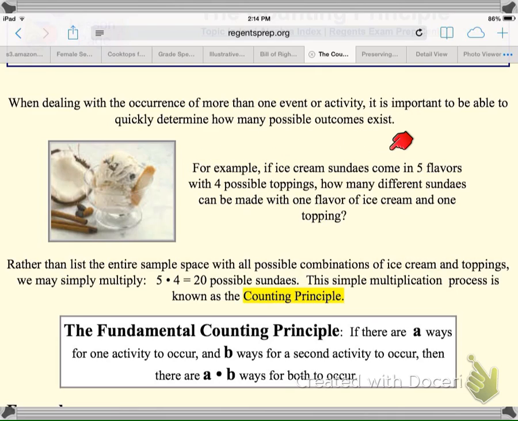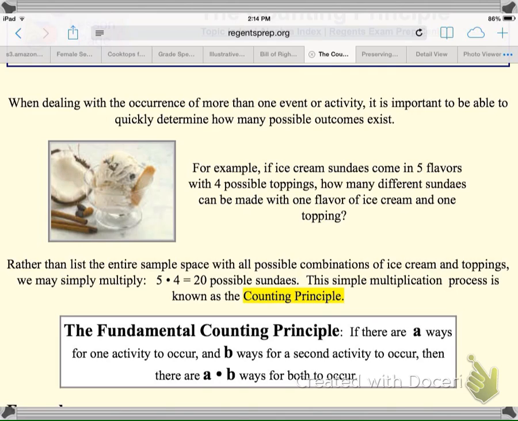If ice cream sundaes come in 5 flavors with 4 possible toppings, how many different sundaes can be made with 1 flavor of ice cream and 1 topping? Just quickly, let's think about that. If we have vanilla and chocolate and cookie dough and orange sherbet, even though I don't know that that's an ice cream, as our 4 types, and then maybe some M&Ms and some sprinkles and some chocolate chips and some coconut shavings, my favorite.